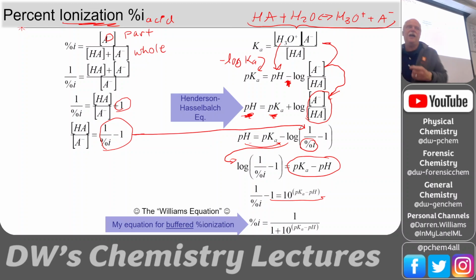This is the percent ionization for an acid, not a base. Okay, like I'm pausing for effect. So this only works for HA, for acids, like naproxen sodium, the acid form of that molecule.